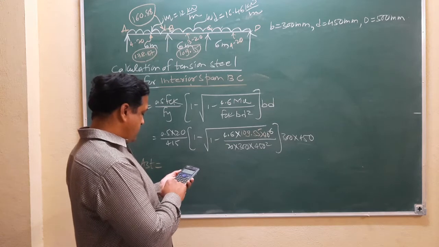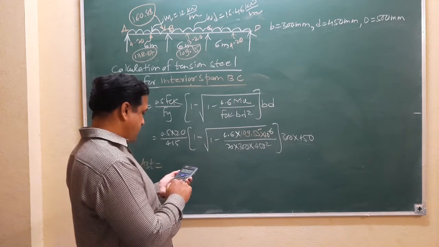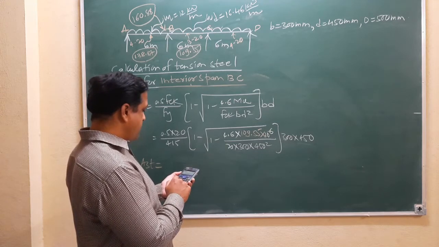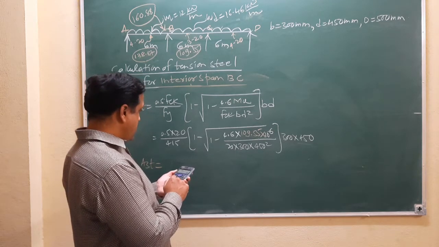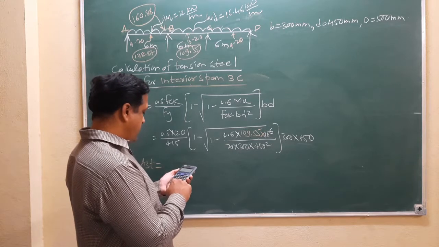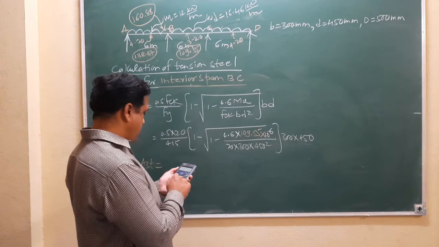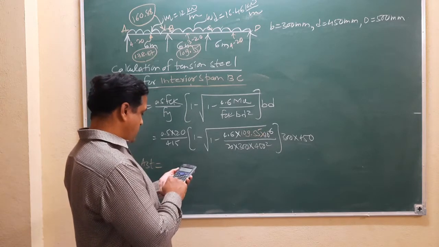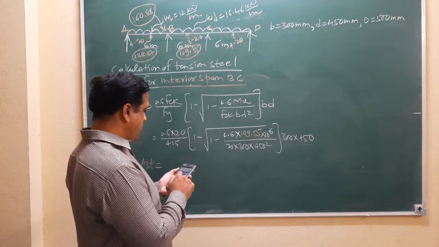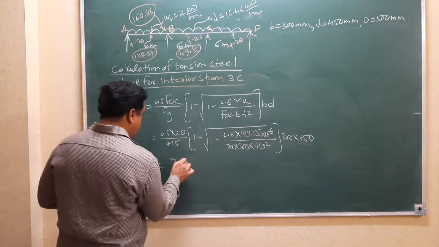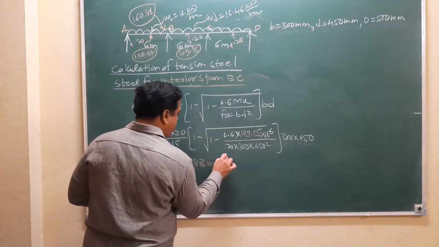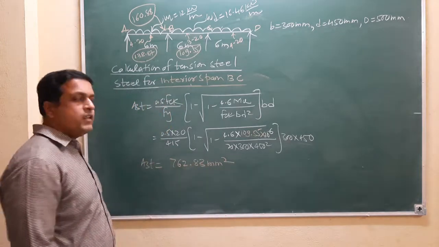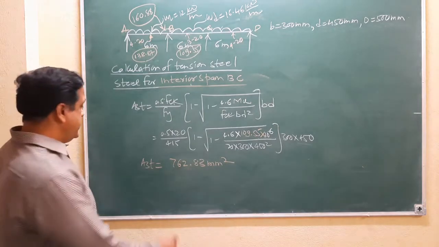Okay, I will calculate it. 0.414. So 1 minus 0.414, under root of the answer, 0.7655. 1 minus 0.7655 into 0.5 into 20 divided by 415 into 300 into 450. The value is 762.83 mm square. So this is the steel.